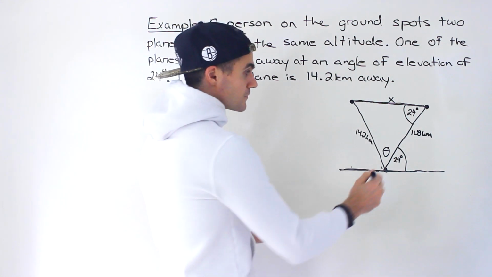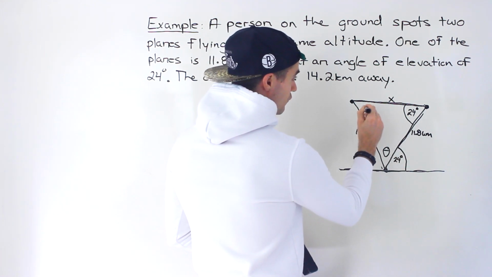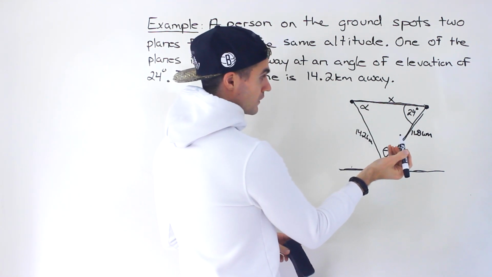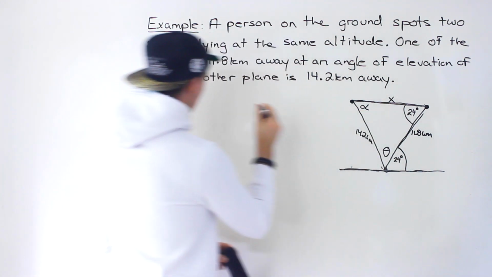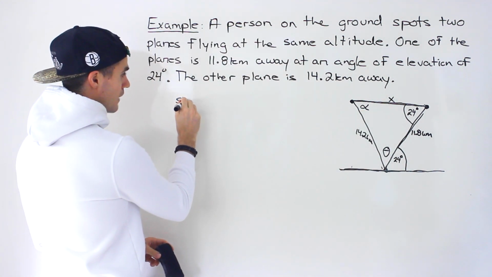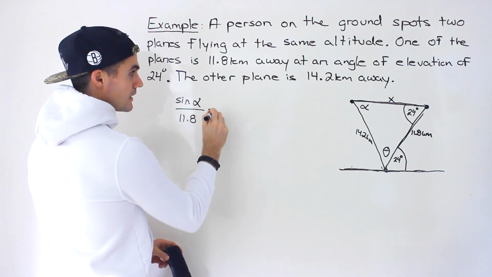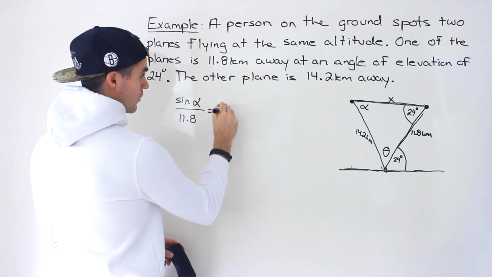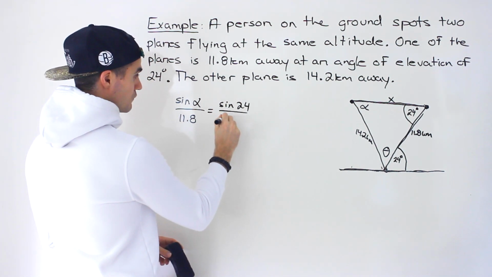But because we have this side, which is 11.8, we can actually solve for this angle. Let's call it alpha. We could first solve for this angle alpha by doing sine of alpha over 11.8 equals sine of 24 over the opposite side to that 24 degree angle, which is the 14.2.